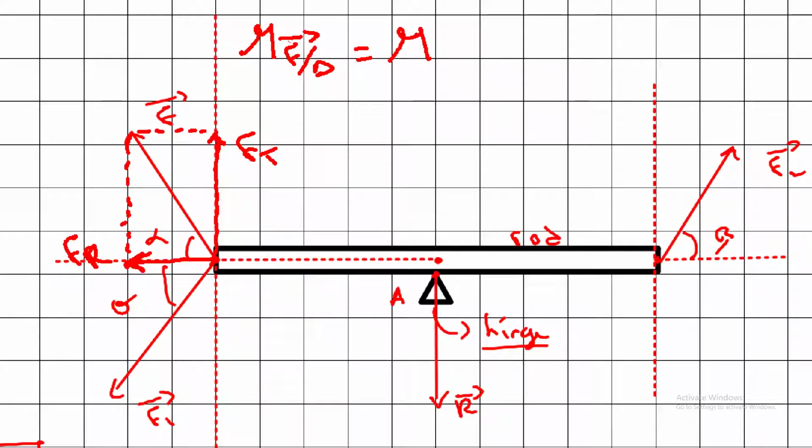It is equal to the moment of the force F tangential, which is Ft, we can put a vector here, it's okay, over delta plus Fr over delta. Here we can place vectors or remove vectors because we are not equating them with other quantities.